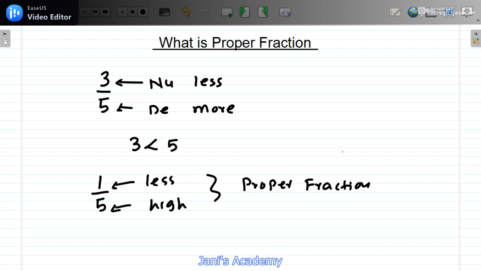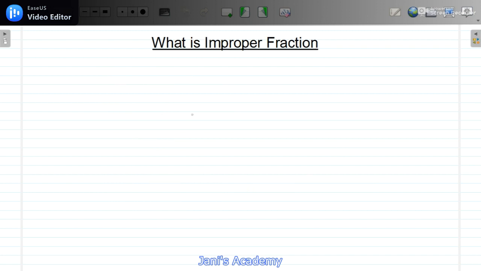Now let's learn about the improper fraction. It is totally the reverse of the proper fraction. Here the numerator is higher than the denominator, so the numerator is greater and the denominator is less. This is called an improper fraction.